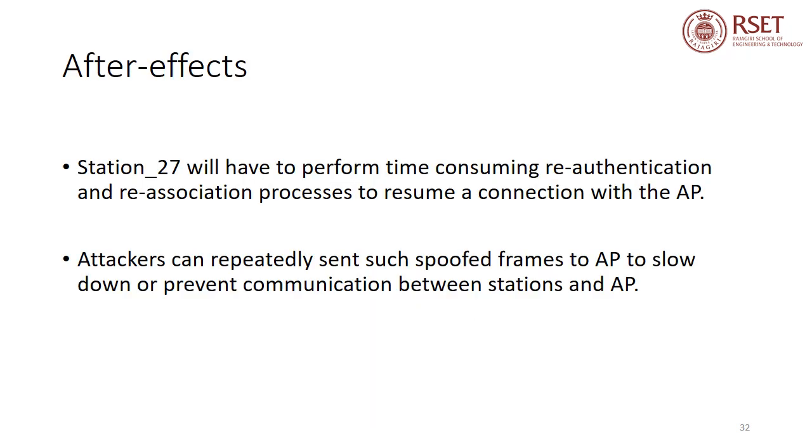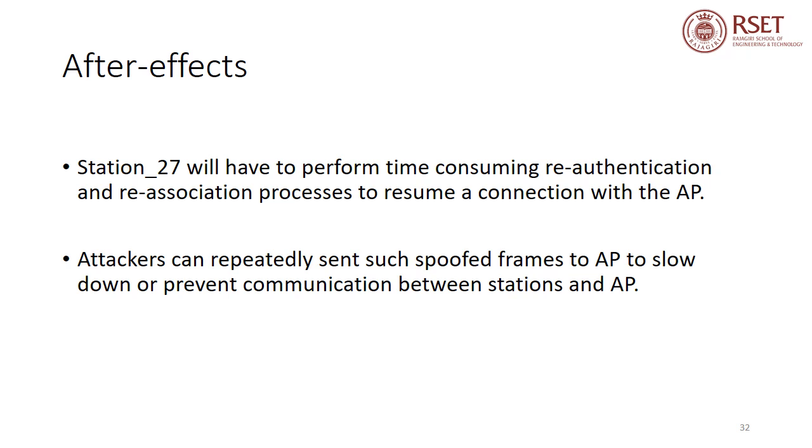What will be the major after effects here? That is, the actual station_27, when trying to send data to the corresponding access point, will be told by the access point that it has already de-authenticated and de-associated from the connection. So the station will have to perform a time-consuming re-authentication and re-association process to resume the connection with that access point.